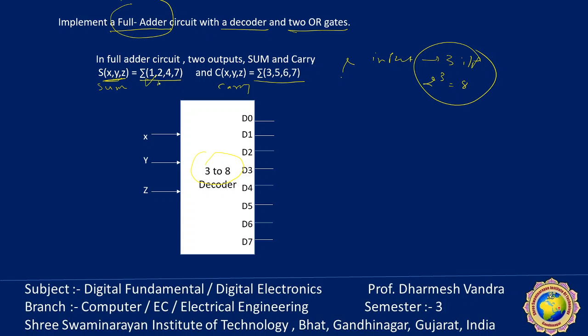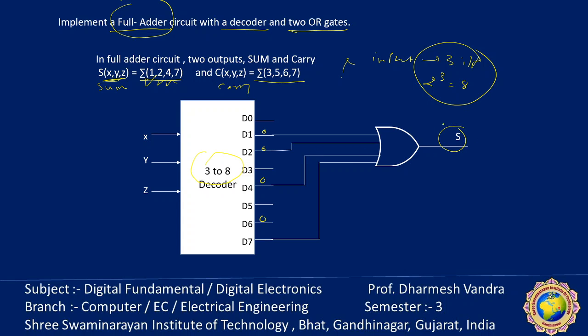Okay, now XYZ is the input and D0 to D7 the output. Sum has 1, 2, 4 and 7. These four minterms are ORed and generate the sum output.